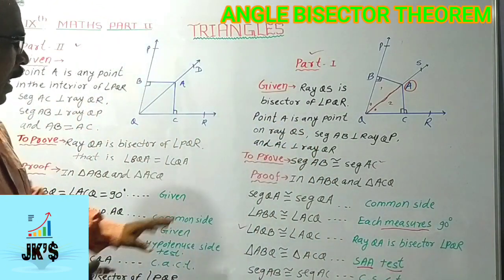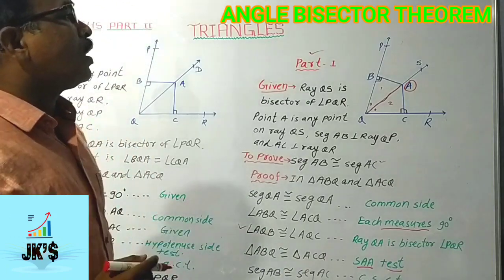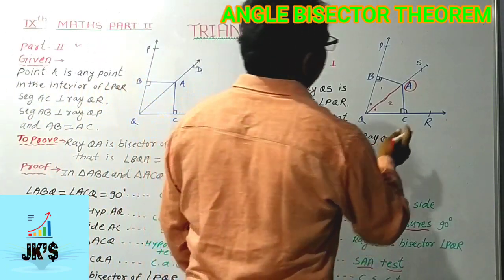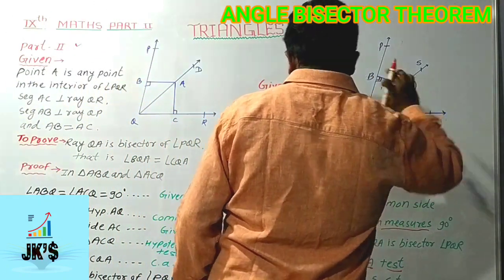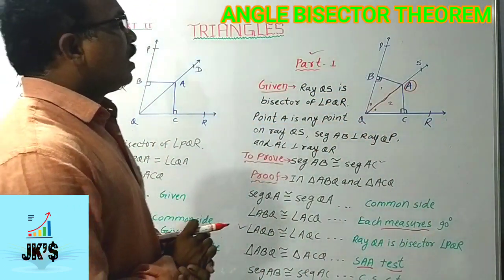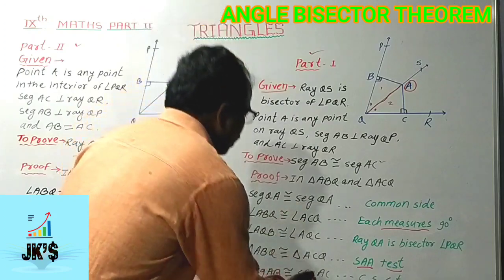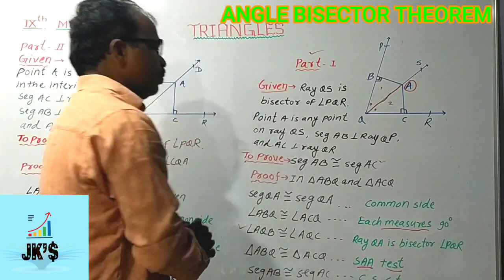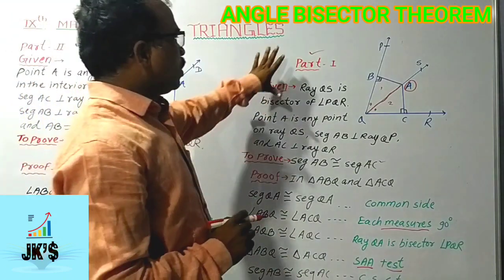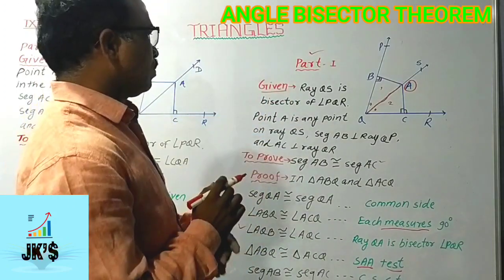Friends, if two triangles are congruent, then their corresponding sides are congruent, which means AB is congruent to AC, corresponding sides of congruent triangles. And friends, this is our to prove. In this way, part 1 gets proved.